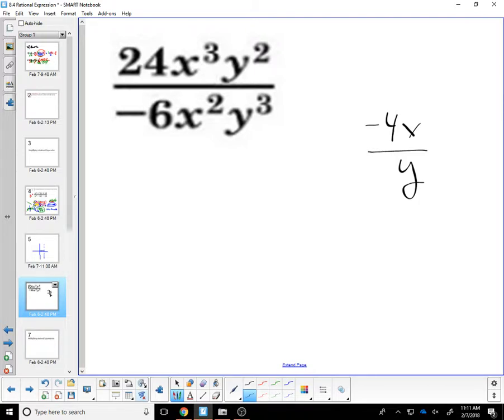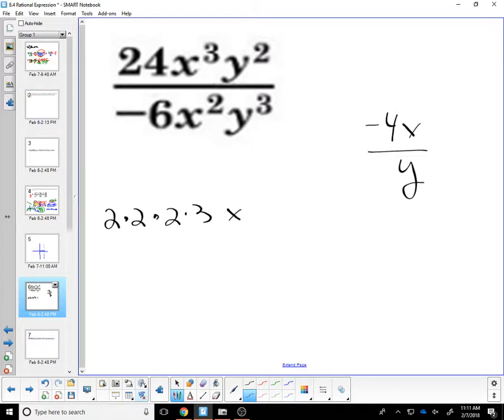Okay, so what I'm really doing is breaking this expression down into all of its prime values. 24 is 2 times 2 times 2 times 3, correct? If I did an upside down cake with 24, I would get 2, 2, 2, 3. 2 times 2 is 4, 4 times 2 is 8, 8 times 3 is 24.